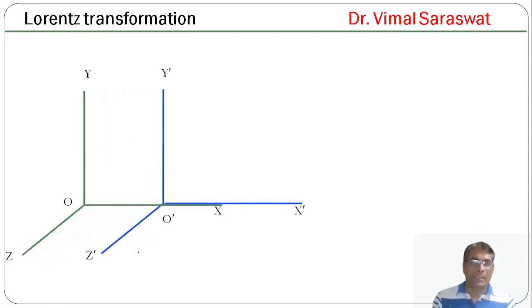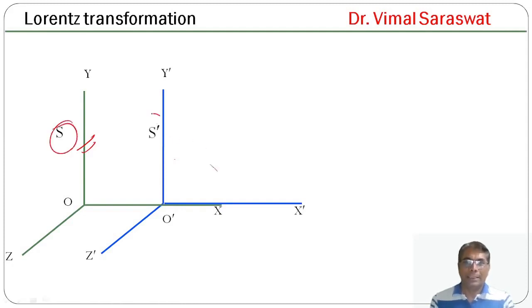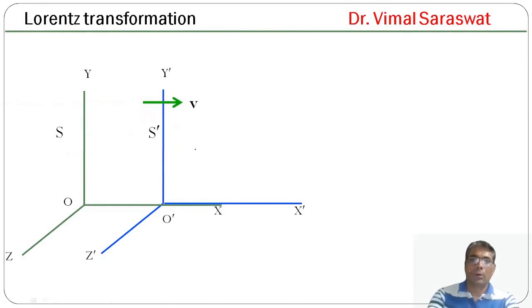S dash is moving with constant velocity v with respect to frame S in the positive x direction, and the frame S is at rest.